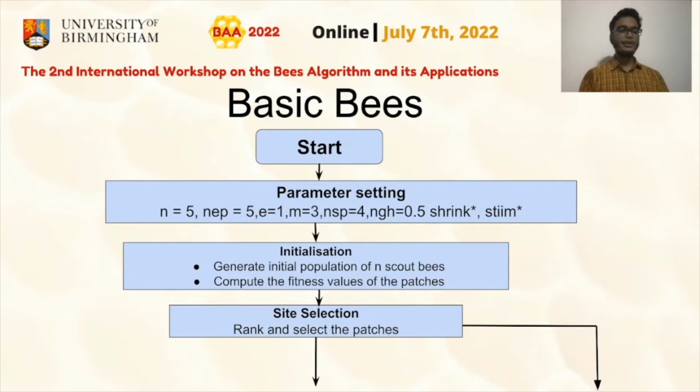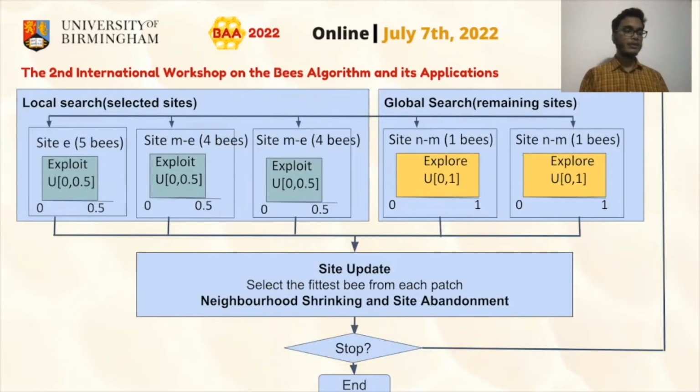This slide is the continuation of the previous slide, where we'll be continuing with the process. The next step is to divide the process into 2 phases, namely local search, which is for the selected sites, and global search for the remaining sites. In the local search phase, a new solution is created for each employed bee through extrapolation crossover.